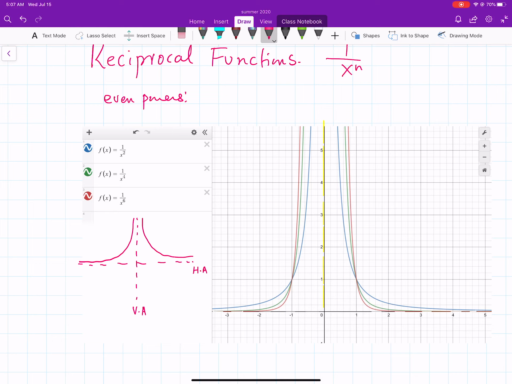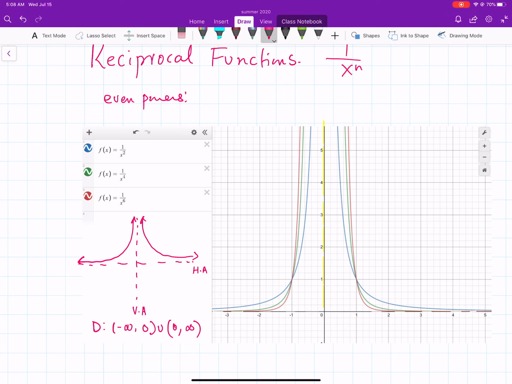So this graph is going to behave the same way all the time. But what's its domain? It never crosses the y-axis, so I'm going from negative infinity and I can get close to what? Close to the y-axis, which is x equal to 0, but I don't cross it and continue from 0 to what?